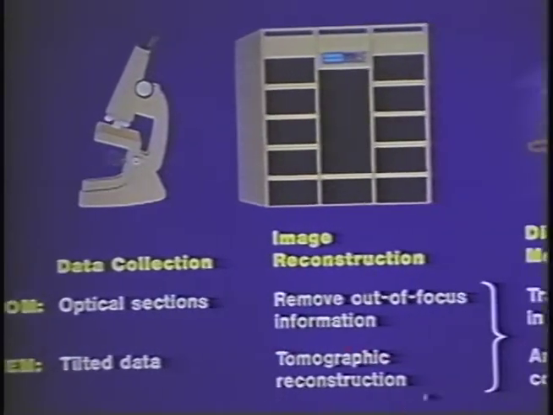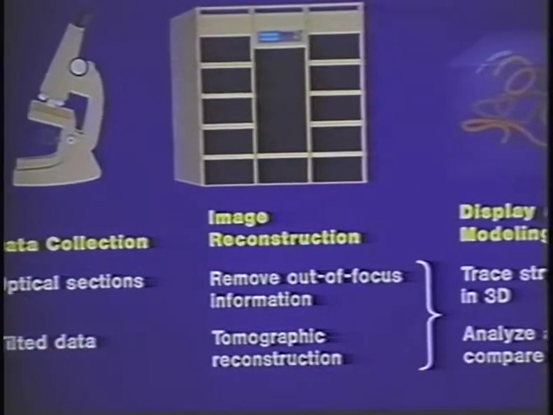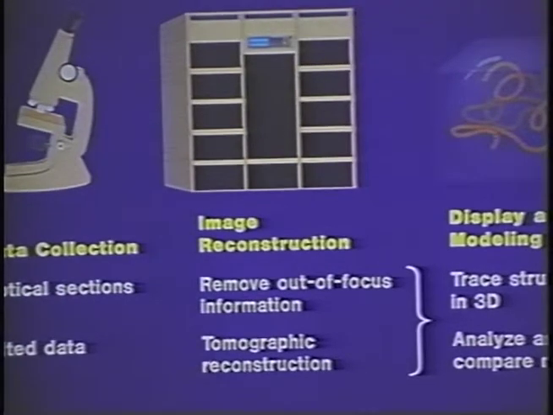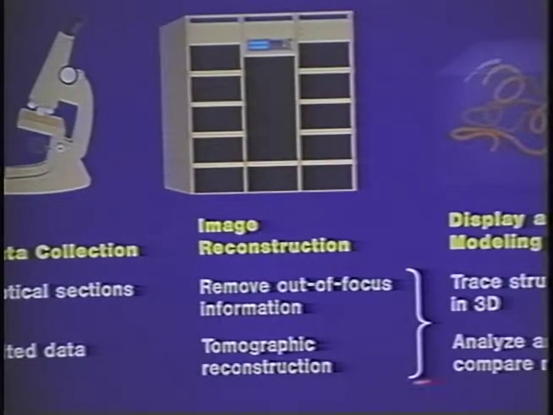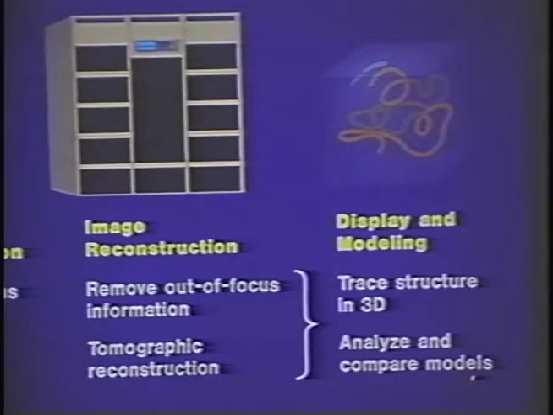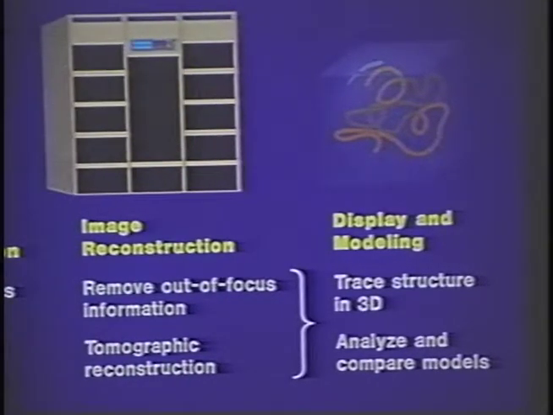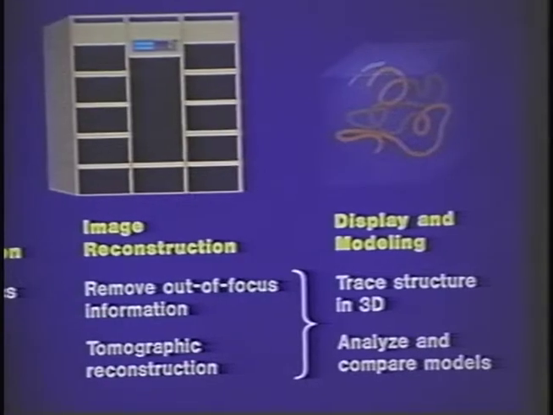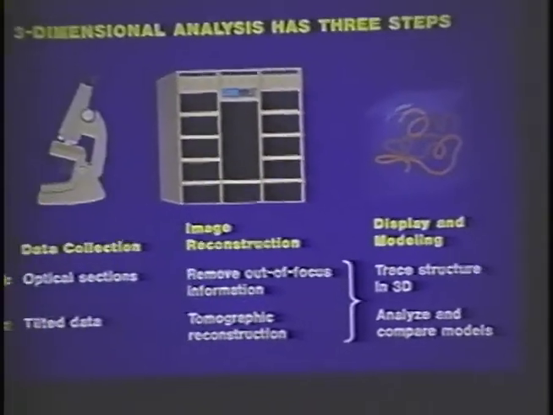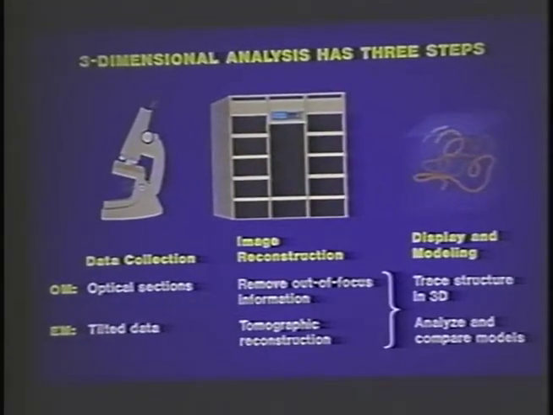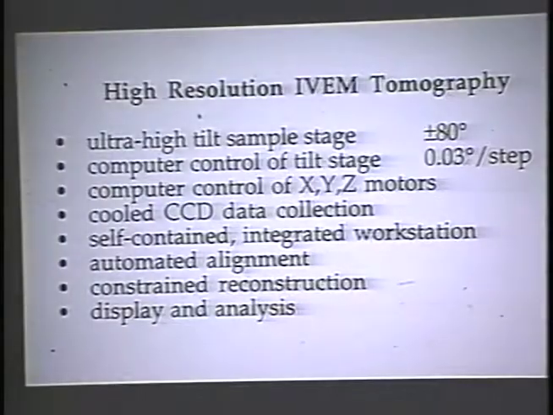The second part has to do with the tomographic reconstruction, how one actually assembles this data to generate a unique three-dimensional view of the specimen. And third, and equally important, is how you analyze and then understand what the reconstruction is telling you. Once you get to specimens that are incredibly complex, this becomes non-trivial. And we've spent a considerable amount of time in our lab developing each of these three areas.